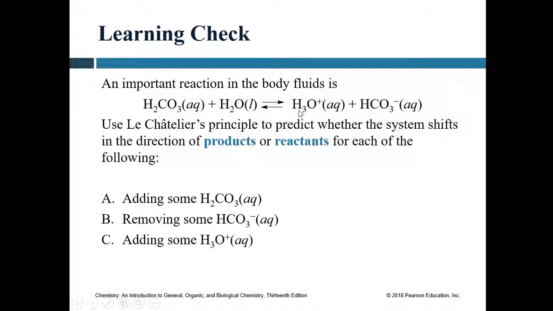Well, look at this. If it shifts our reaction that way, it's going to make our solution more acidic, the hydronium ion concentration. If, on the other hand, we are going to remove some of this bicarbonate ion, the HCO3 negative, if we remove it, it's going to shift our reaction again to the right, and again produce more acid. On the other hand, if we add some hydronium ion, some acid, it will shift our reaction to the left.